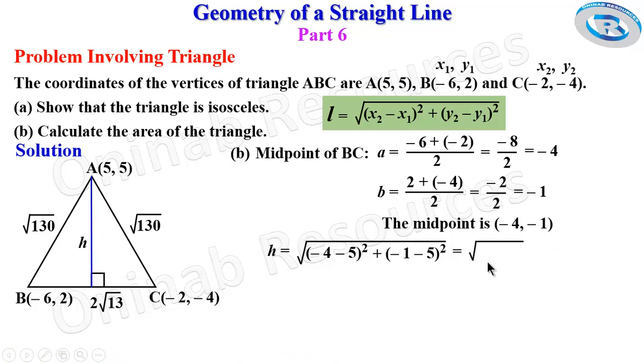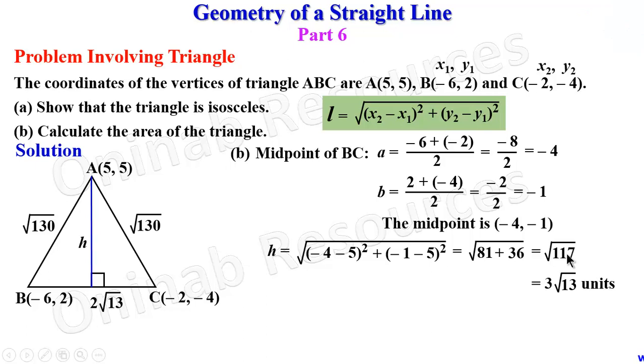This is giving us 81 plus 36. -9 squared is 81, -6 squared is 36. This is giving us the square root of 117. In simplified form, we have it as 3 root 13 units, because 117 is divisible by 9.